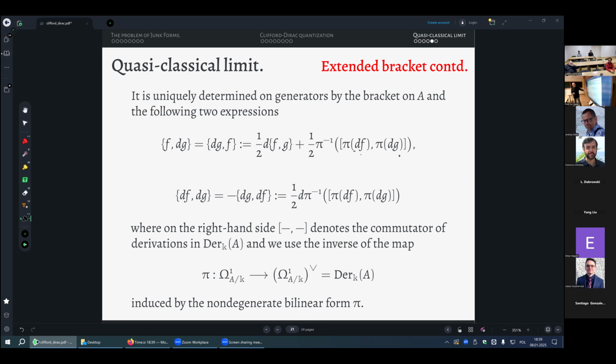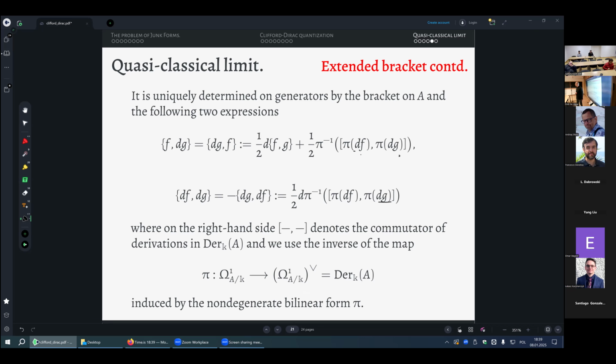The same here. What is this thing in symplectic geometry? This is the commutator of Hamiltonian fields. This is a Hamiltonian field. Pi inverse of that is the differential of the Hamiltonian. The differential of the differential is zero, so this is again zero. In symplectic geometry, you have nothing like that.